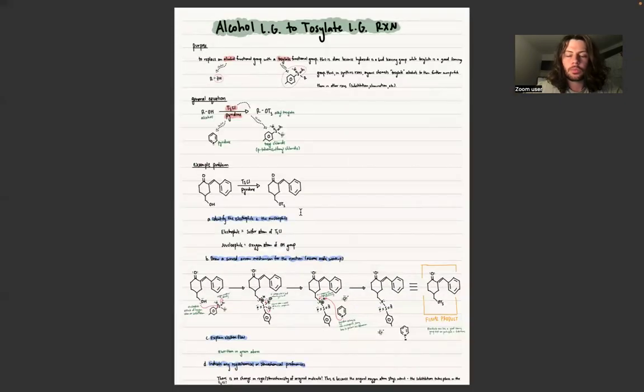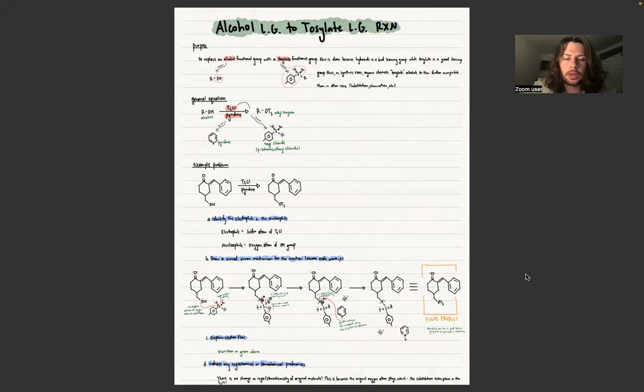Perfect. All right, so in this video, we're going to talk about the reaction mechanism I have chosen for week 8. It's essentially focusing on tosylate, which is a great leaving group. In this type of reaction, we are trying to convert some sort of alcohol with a hydroxide functional group into a tosylate or tosyl chloride leaving group.